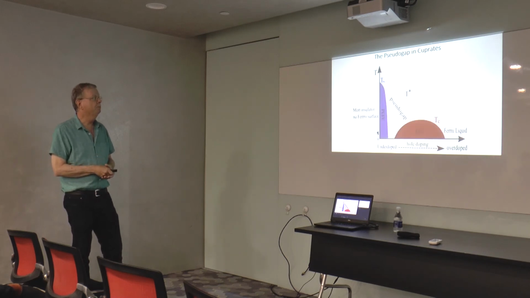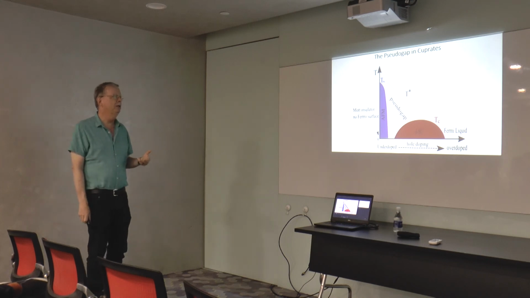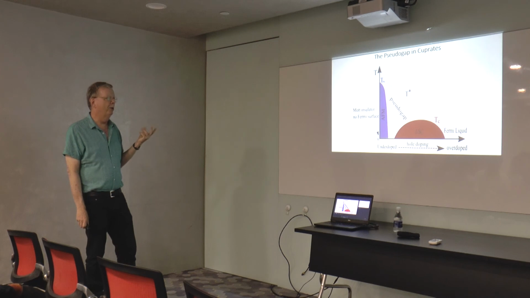I promised you to talk about the pseudogap. This is now, again, on the other side of the diagram from the first one I showed you. This is now hole doping. There is actually still a big argument in the literature, which when I wrote my review on unconventional superconductivity in Advances in Physics, which came out just a year ago, it's not solved.